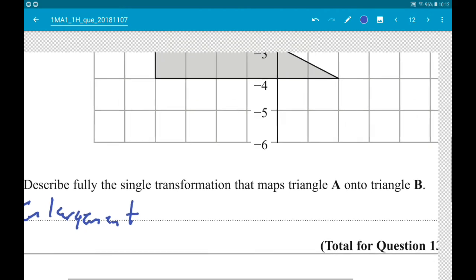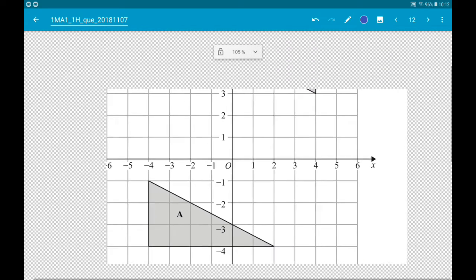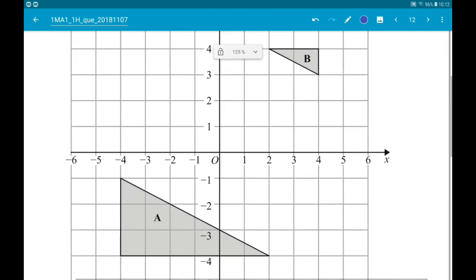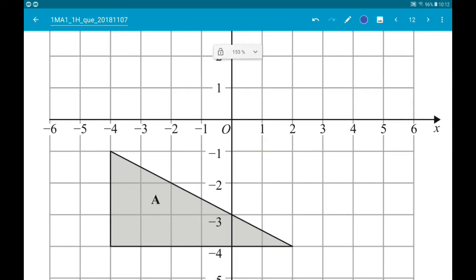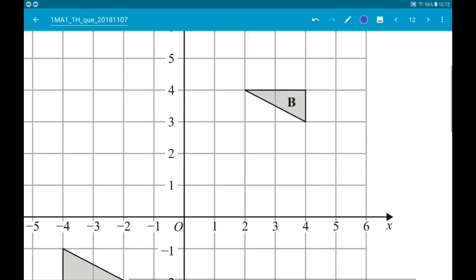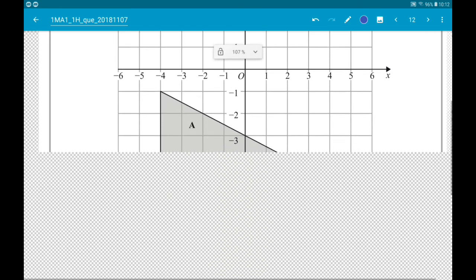Now, what's the scale factor? Now, because the triangle has flipped over, it's going to be a negative scale factor. Now we can see that the height of the triangle was 3, it's now 1, so the scale factor is minus a third.